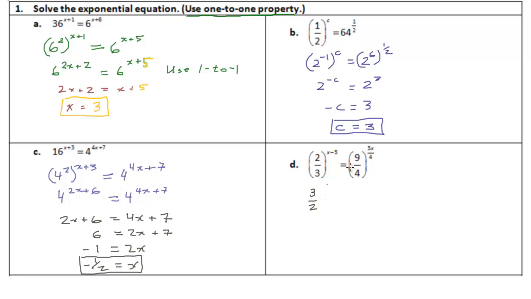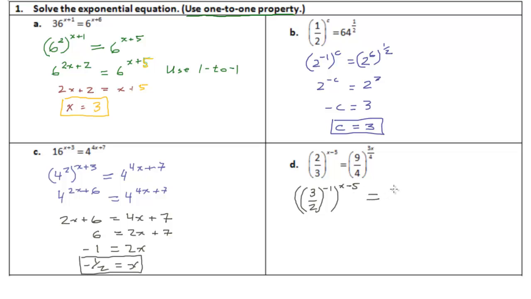We want to have 3 squared is 9, 2 squared is 4, but we need them in this order, numerator 3. Now, that to the negative 1 is 2/3. That's the reciprocal property. And then that whole thing is x minus 5.